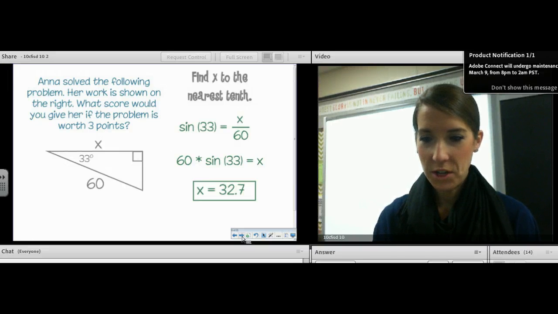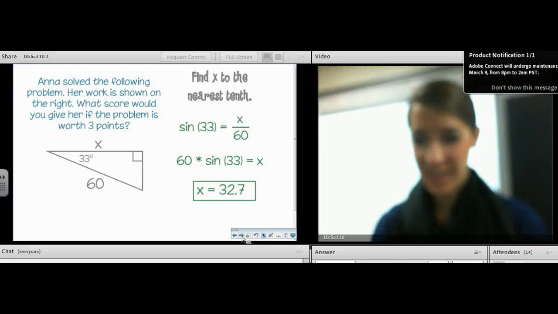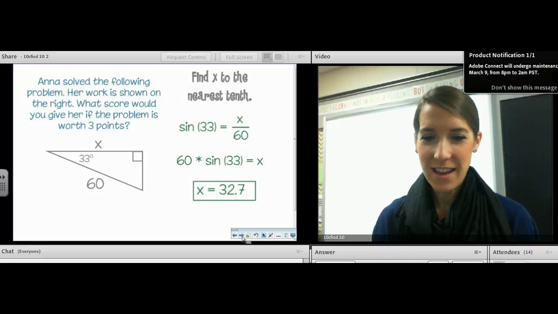Albert's got 1. Yeji's got 0. Jenny's got 1. 1, 1, 0, 0, 1. So I can see who my tough graders are and who my nice graders are. Austin, you can't give them 20.